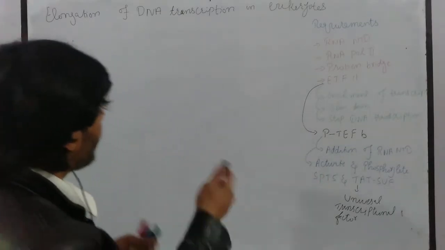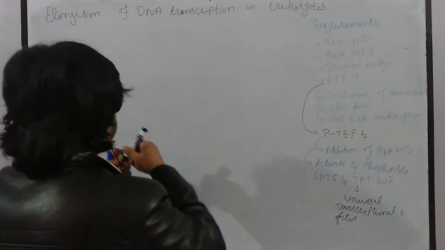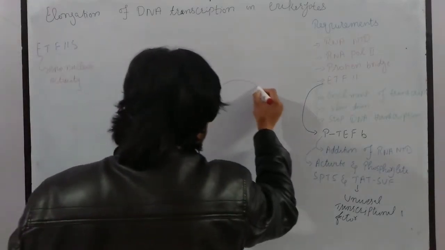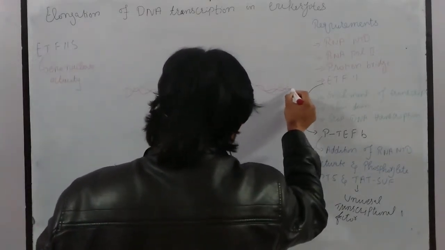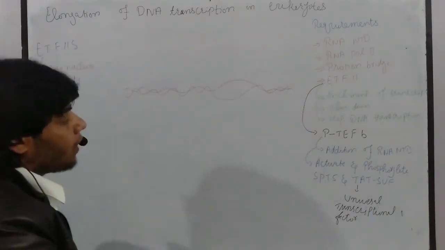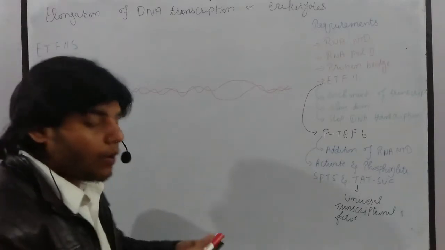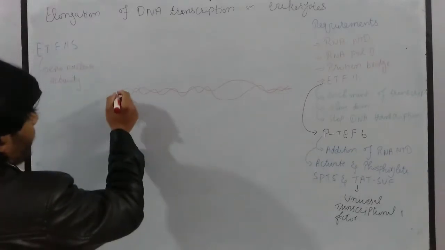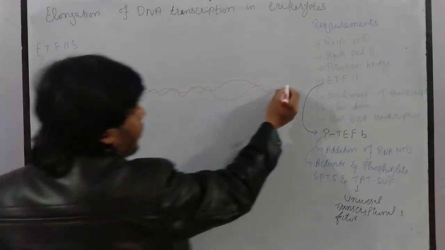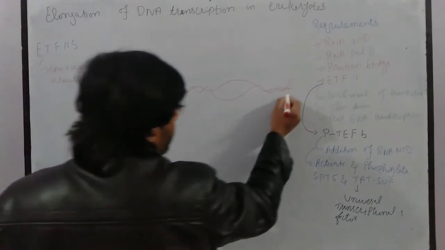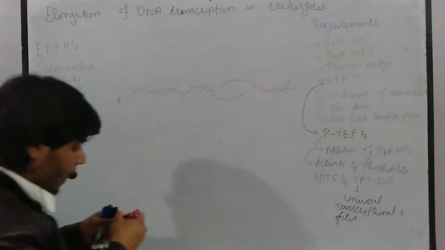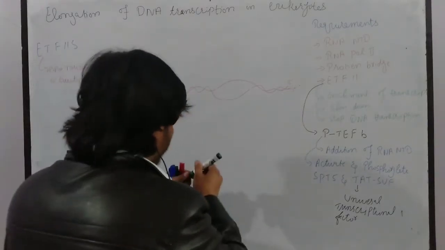Now what happened, again we have a DNA molecule, as you can see. Let's suppose this is a DNA molecule having one strand with a 5' to 3' end, while the other strand has a 3' to 5' end. And we also have the RNA polymerase here.